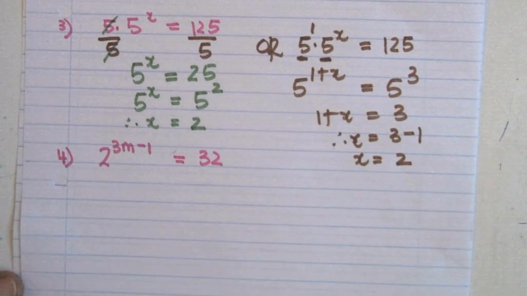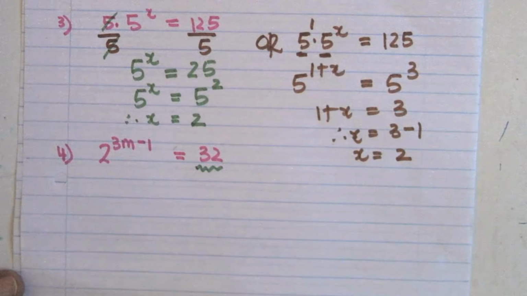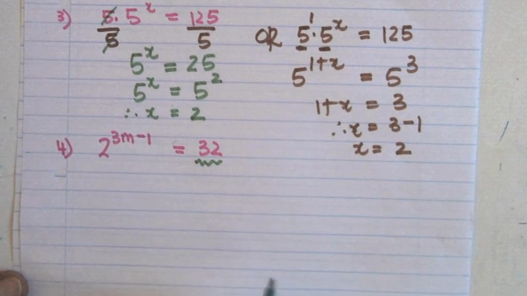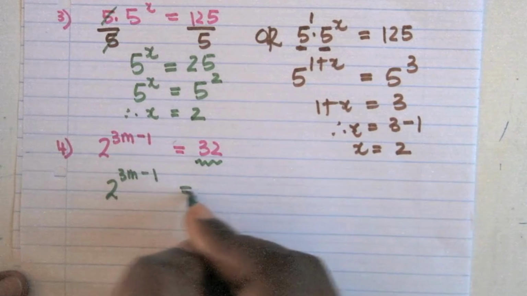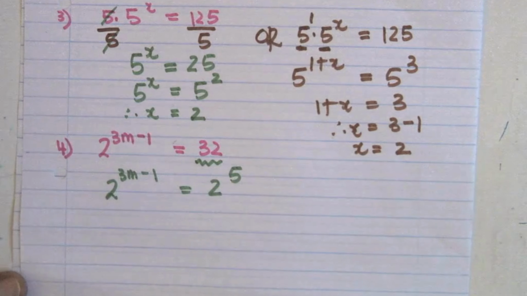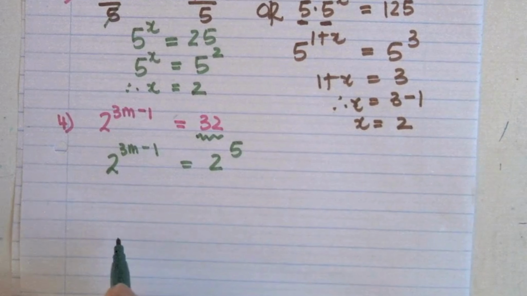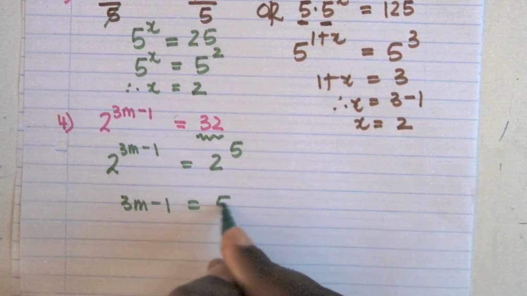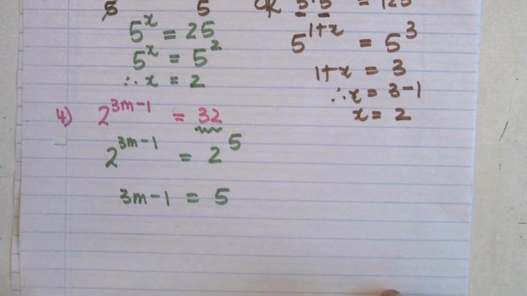And when I move on to the next question here, I can see that here I have 32, and 32 can be written as 2 to the power of 5. So I'm going to write here my bases are now the same. I can now write in other words, I've equated the exponents.